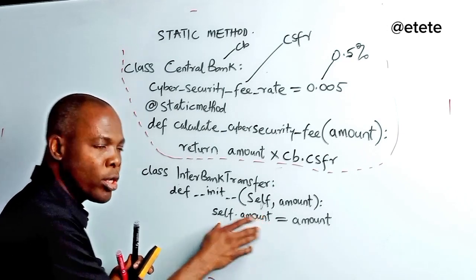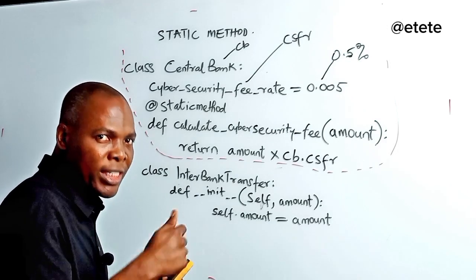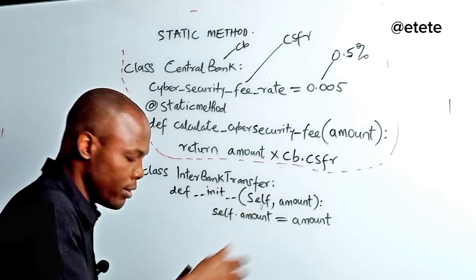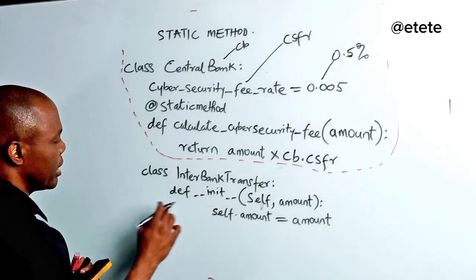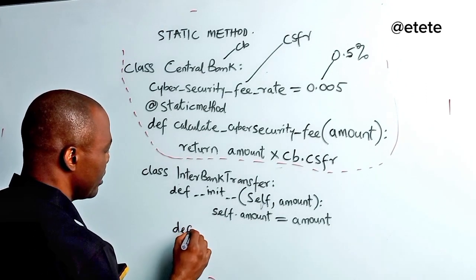Now, once that is done, I want to now create a method, which is an instance method that I will call to carry out certain activity for me. So I will create an instance method here. Then I will say, still inside this class, def.